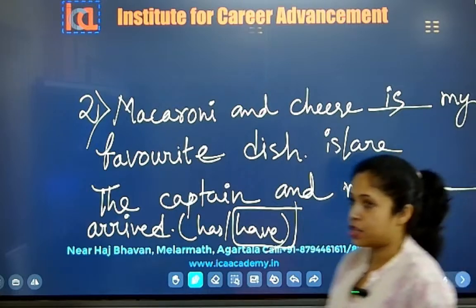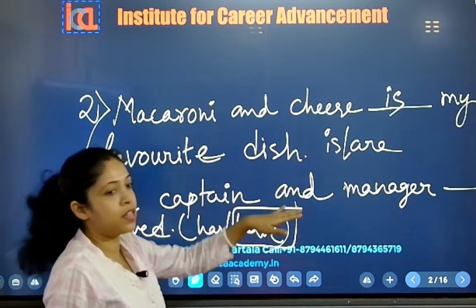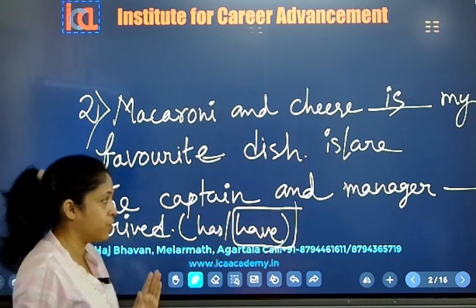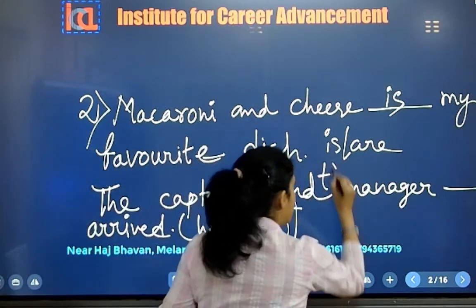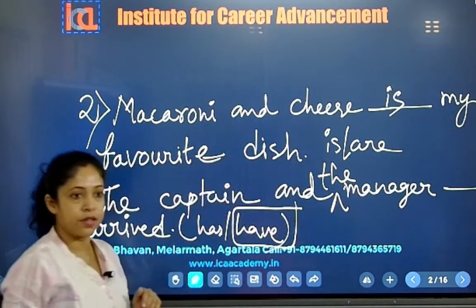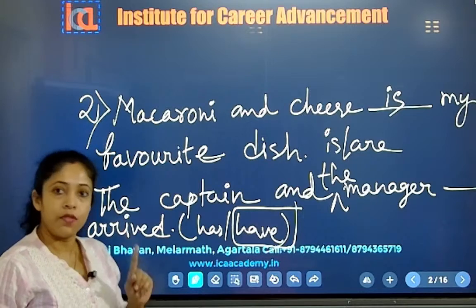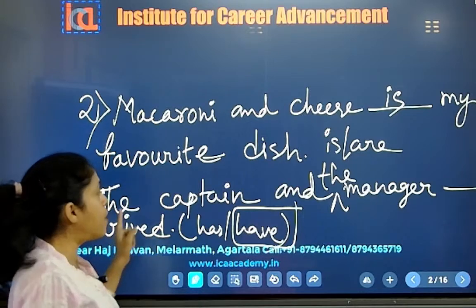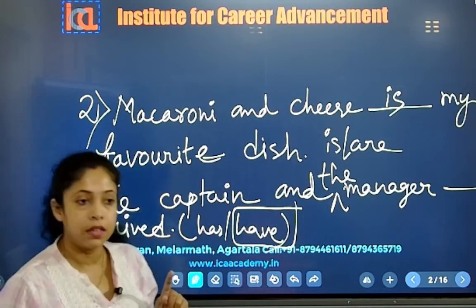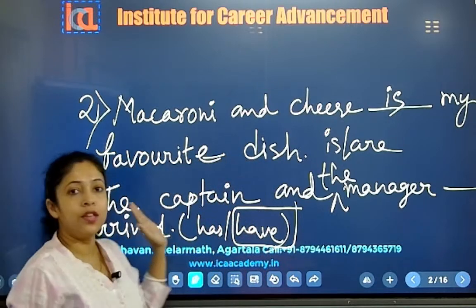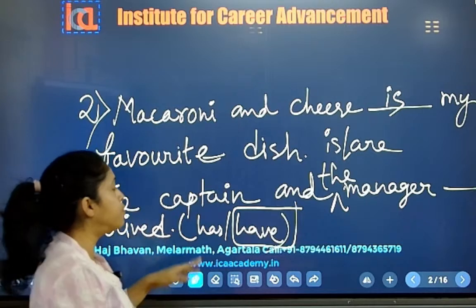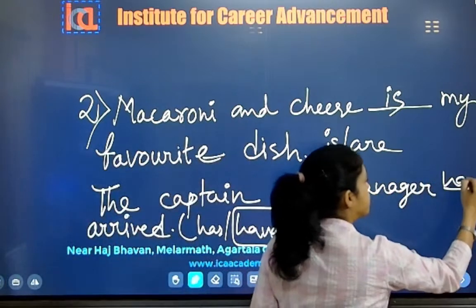Here is a question. Captain is one person, manager is another person, according to you. If this would be the thing, then we would have written the captain and the manager. Understood? Always remember that whenever we use two articles, it can be a also, then we will use have.